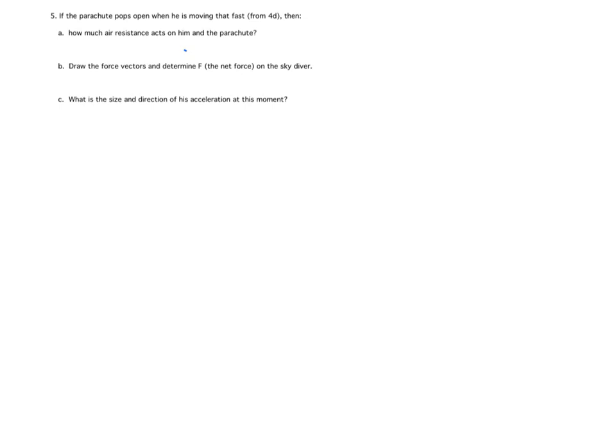Okay, so then the next part says, finally, the parachute pops open. Okay, so now we've got Joe Skydiver. Part B wants us to draw the force vectors. So let's go ahead and do that right off the bat and draw the force vectors on Joe Skydiver.